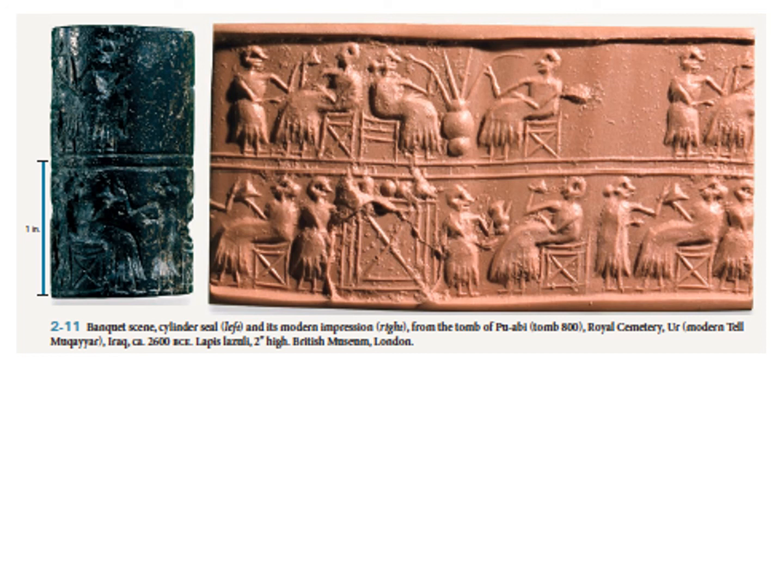The cylinder seals were often used to seal important documents. They were part of security, so if a chest or a document or a doorway was sealed shut and then marked with a cylinder seal, if the seal had been broken, you would know it and know that your security had been compromised.